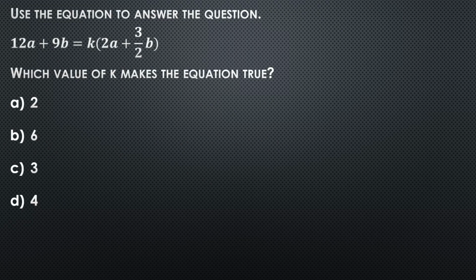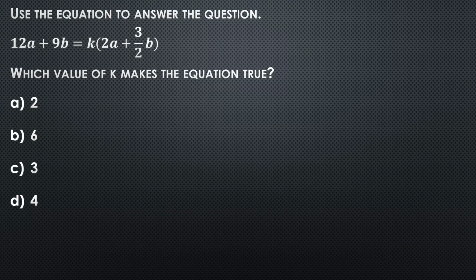All right, this one here looks a little bit tricky, but if we take a second to step back and only really look at the parts that we need to solve this problem, it's really not that bad as you might think. So it's just to use the equation to answer the question. So we have this 12a plus 9b, and that's equal to k, a variable, times 2a plus 3/2b.